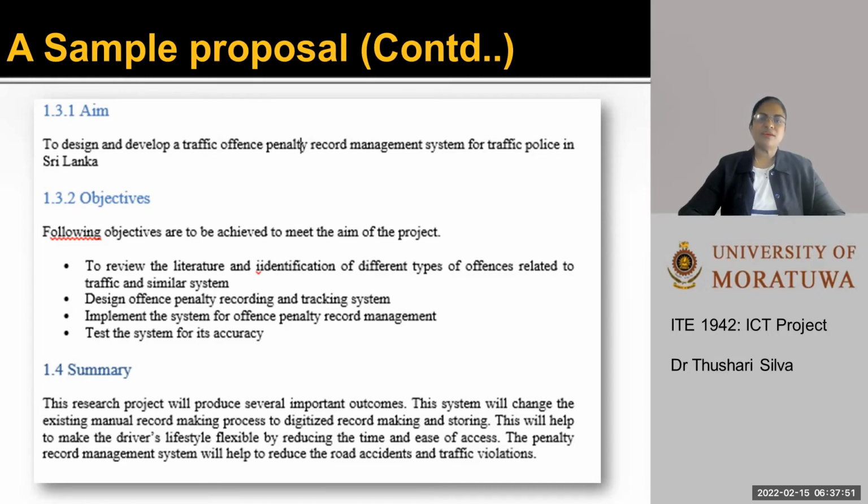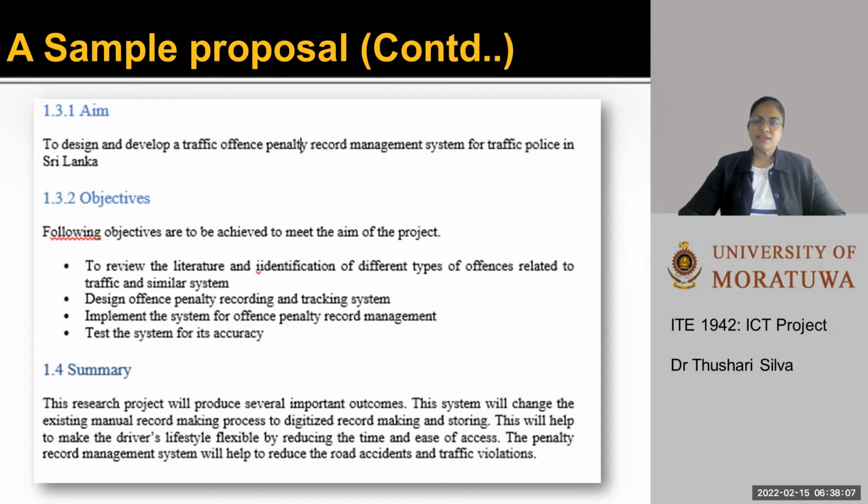So all about design and development of the appropriate traffic offense penalty record management system. So finally, you will be able to summarize what you have done in this chapter.